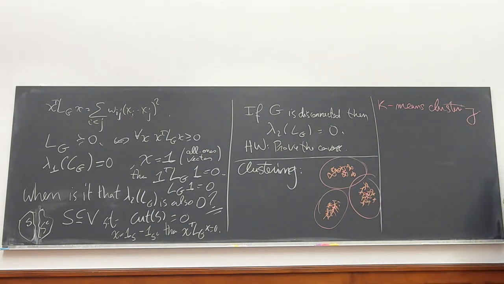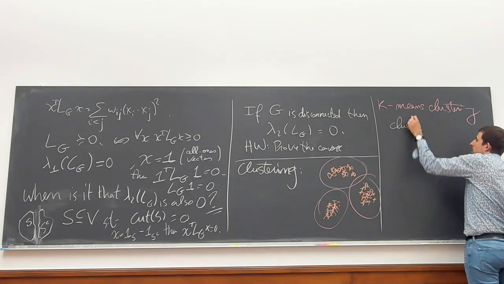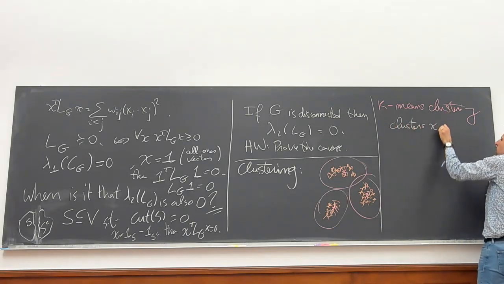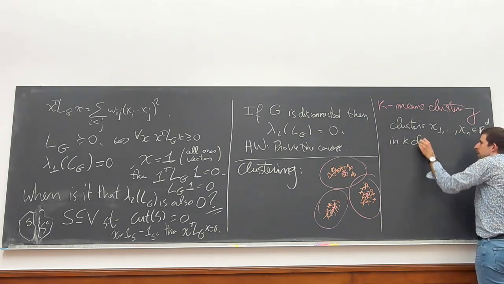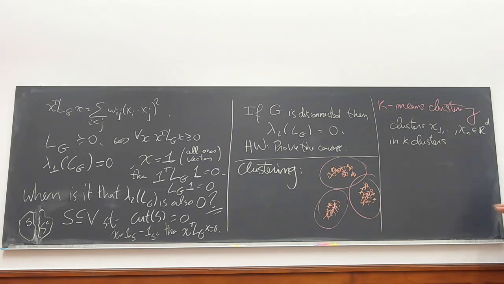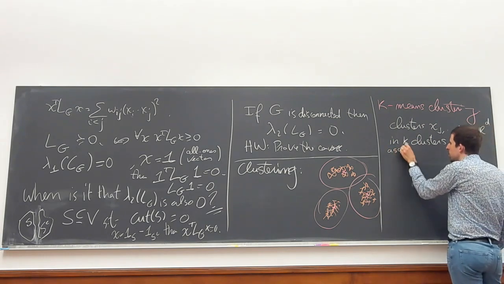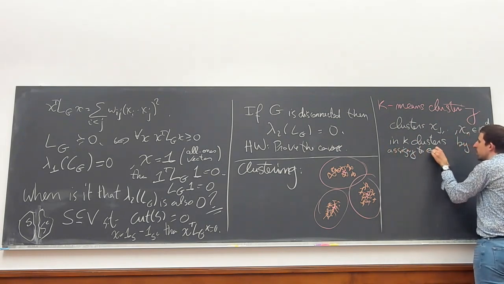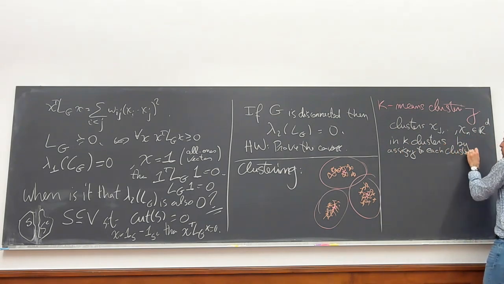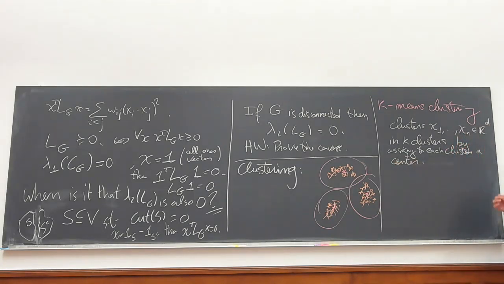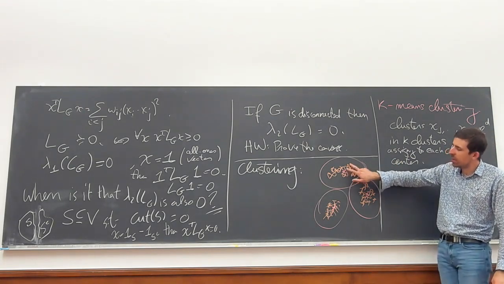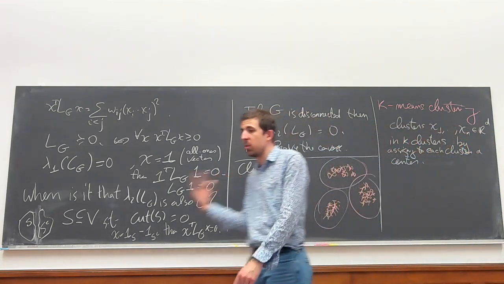Euclidean data, so x_1 through x_n in, say, d dimensions, into k clusters, by assigning to each cluster a center, and then just assigning points to the cluster by which center they're closest to.